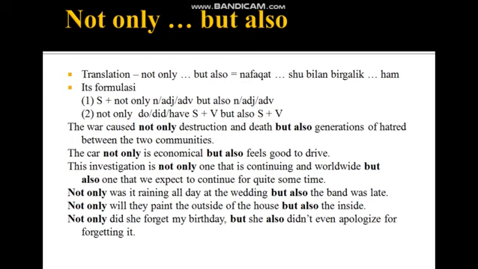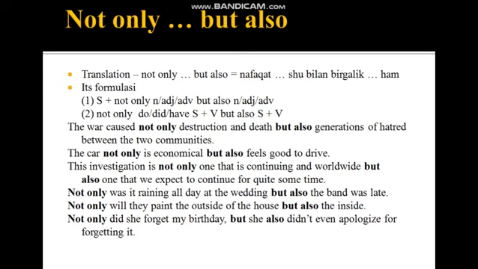Then, the first formula is subject plus "not only" noun, adjective, or verb, and "but also" noun, adjective, or verb, which means if you start with a noun after "not only," then after "but also" you have to use a noun. Or if you start with an adjective, just continue with a second adjective. I'm going to make it clear, guys.